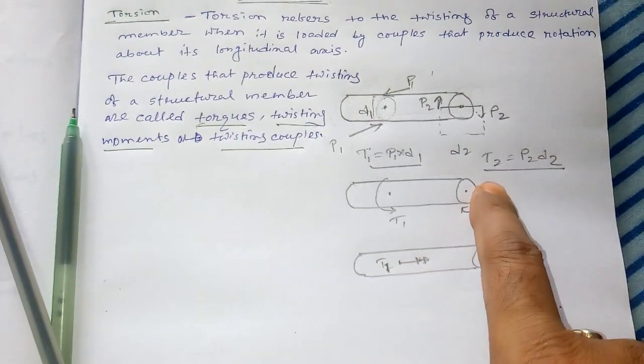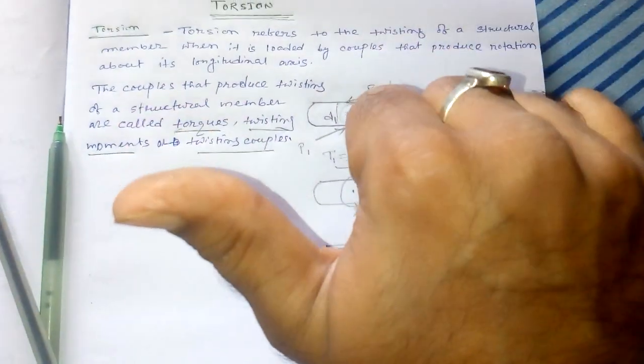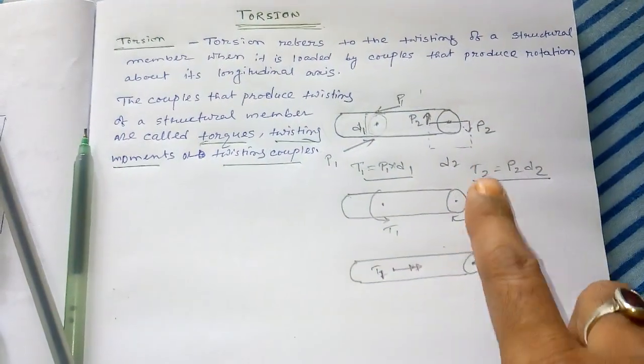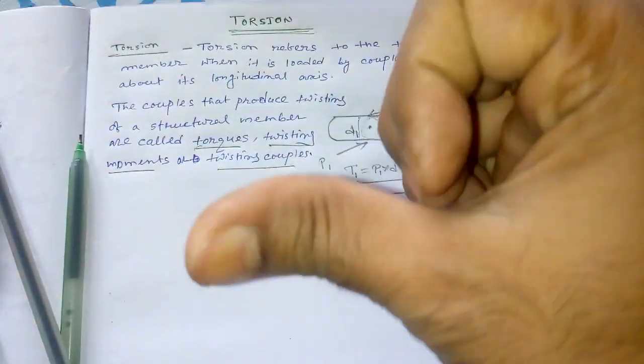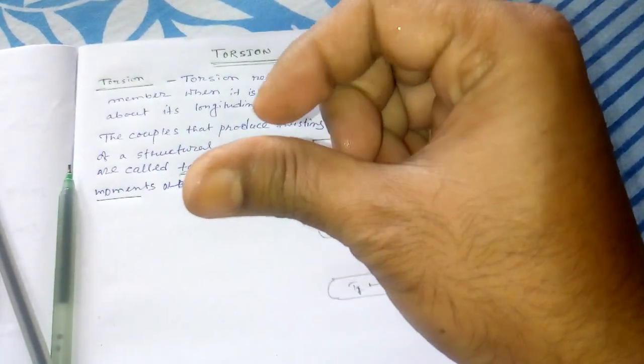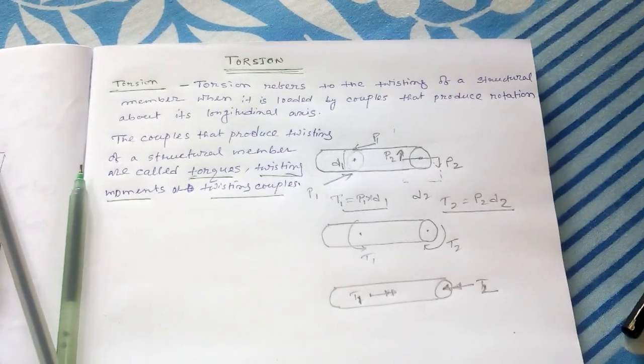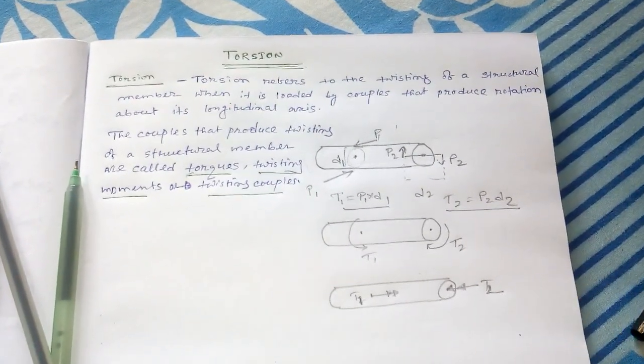And if we do it in the clockwise direction with the same right hand, this gives the clockwise movement, and the thumb will indicate this direction. So we can represent this with this also.